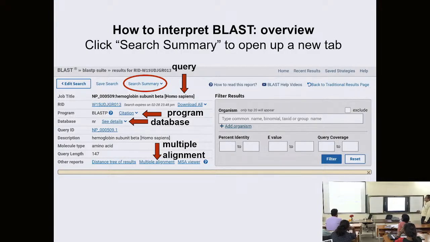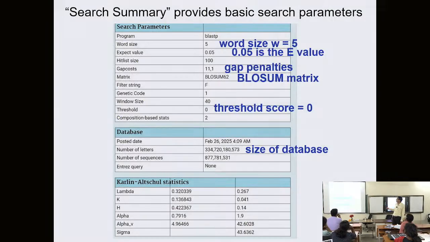Now you understand this, but if you click on search summary, after you did all this BLAST analysis with the two sequences, you might have come to this page. Here is the search summary, and this will help you get the different metrics or parameter values that were used, the algorithm parameters.